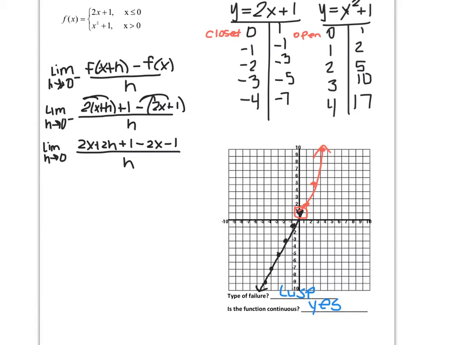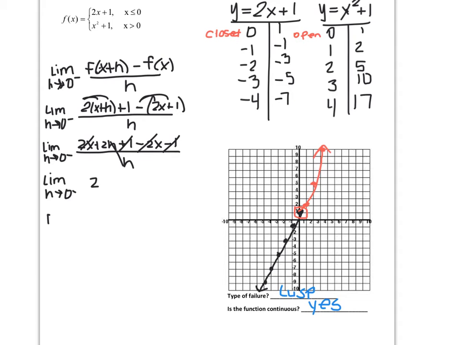So let's see what happens. 2x and 2x cancel. 1 and -1 cancel. So we have the limit as h approaches 0. Now these h's cancel, so of just 2. So this is actually a constant function, so the limit as h approaches 0 of this constant function is just 2. So the limit from the left is 2.